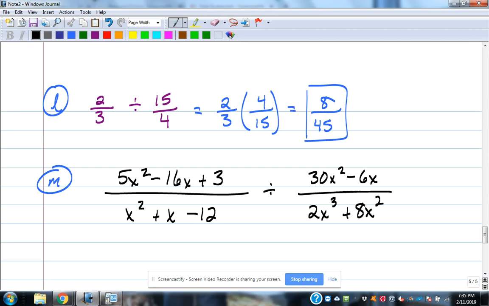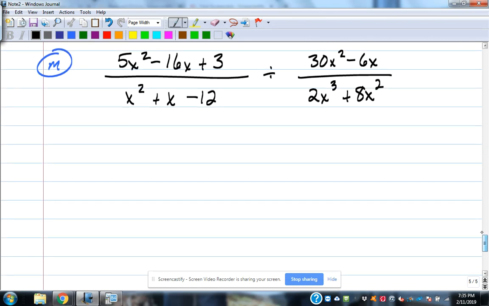Okay? So let's flip the second one, change it to a multiplication problem. So the first fraction stays the same. It stays as 5x squared minus 16x plus 3 over x squared plus x minus 12.